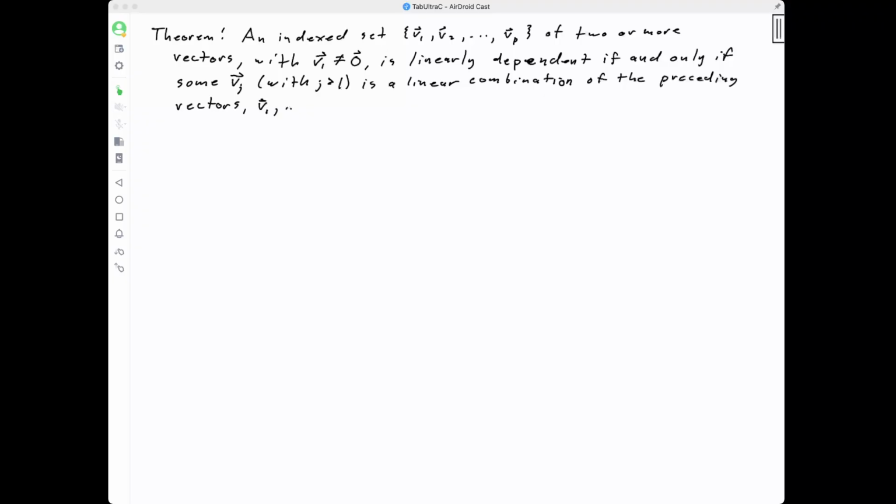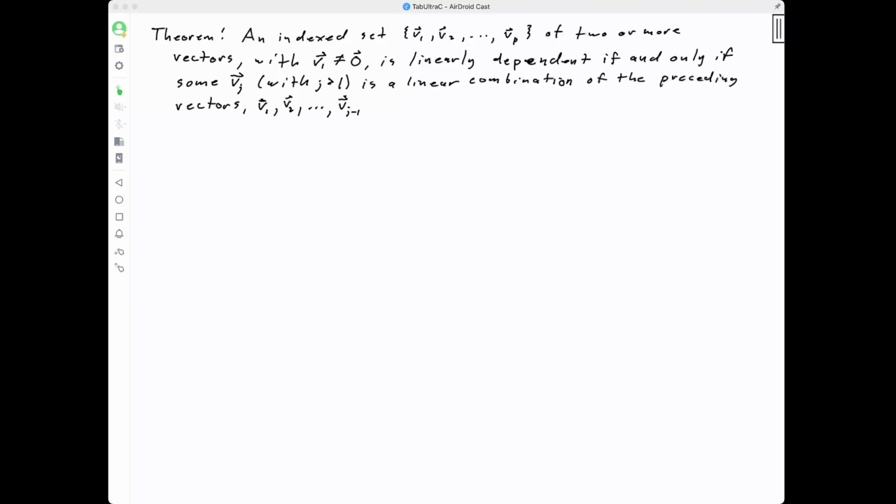So V1 and V2, etc., up to Vj minus 1. So if there's some way to build the jth vector as a linear combination of the preceding vectors, then it is linearly dependent. If there is no way to do so for every j, then it is linearly independent.